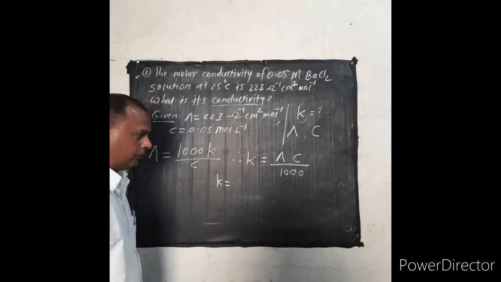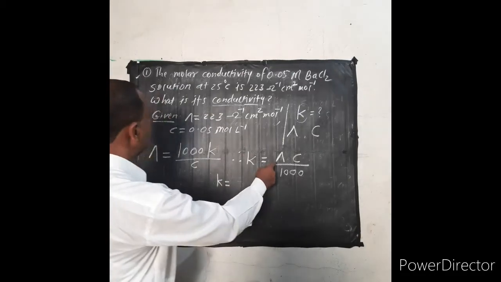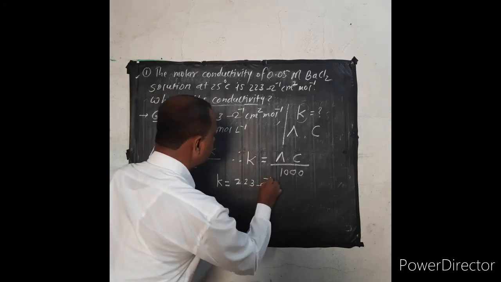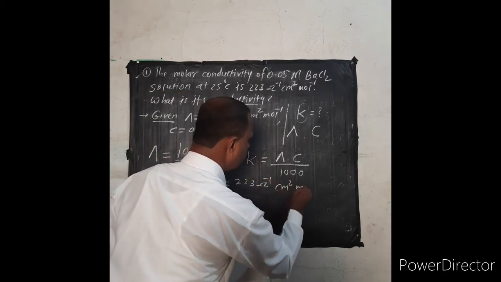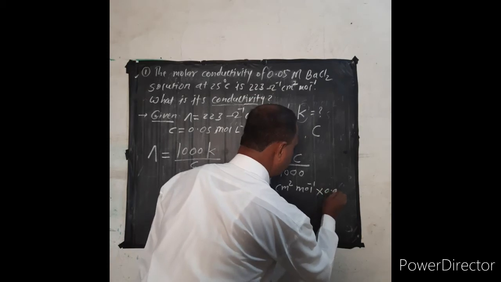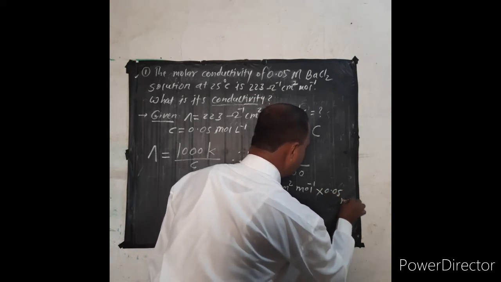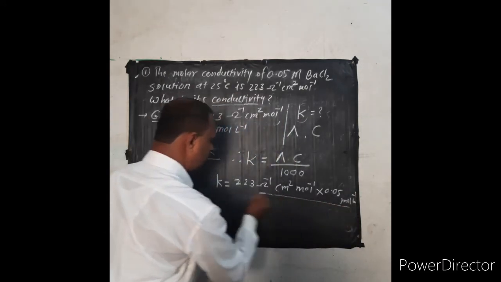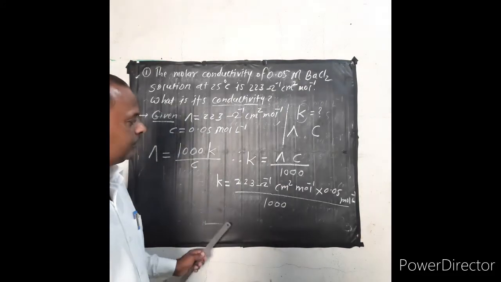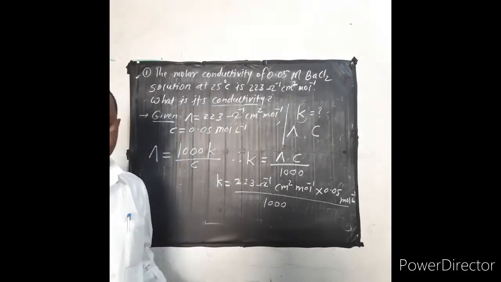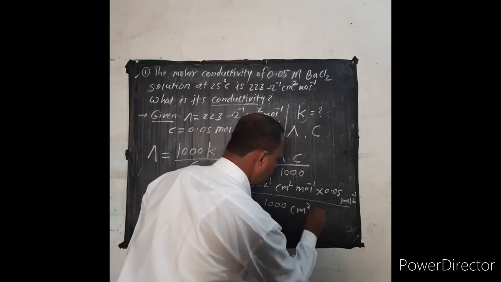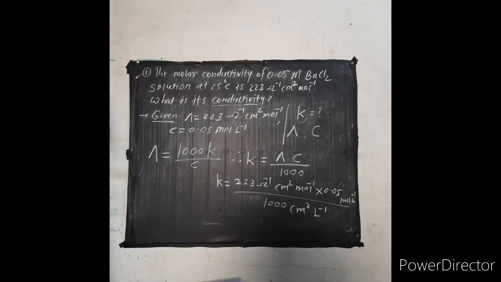Therefore, K is equal to lambda, 223 ohm inverse centimeter square mole inverse, times C, 0.05 mole liter inverse, upon 1000 centimeter cube liter inverse.